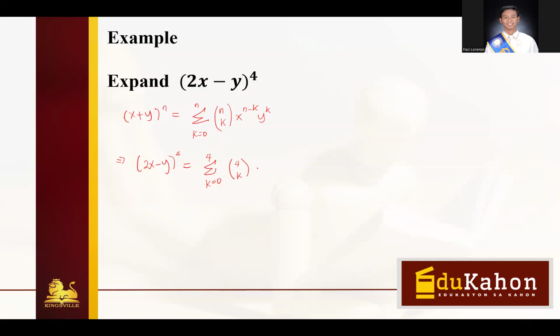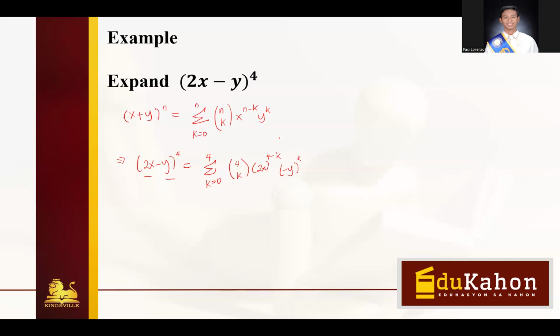We have the value of x, and the value of x here is 2x, and the value of your y here is negative y. So we will substitute for x, which is 2x, raised to 4 minus k, and this is negative y raised to k.